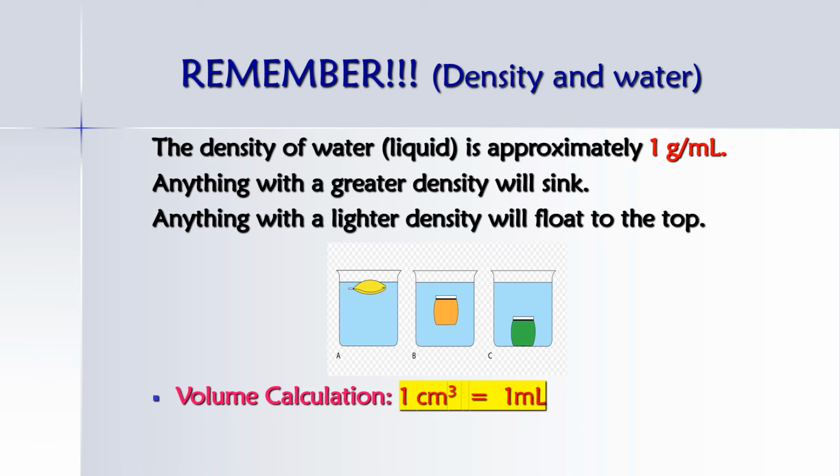So let's say the volume given to you is 0.75 centimeters cubed. Well, that is going to be equal to 0.75 milliliters. All you have to do is change the units. That's why you want to make sure you're using the correct unit, depending on whether we are looking at a solid or a liquid.